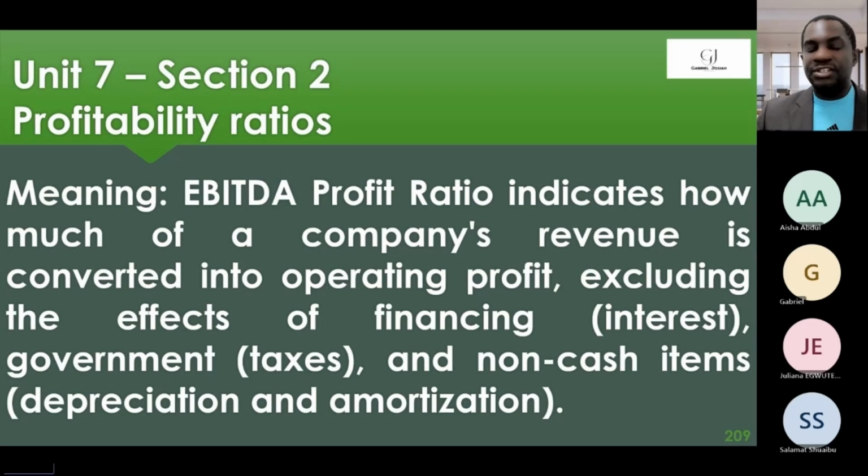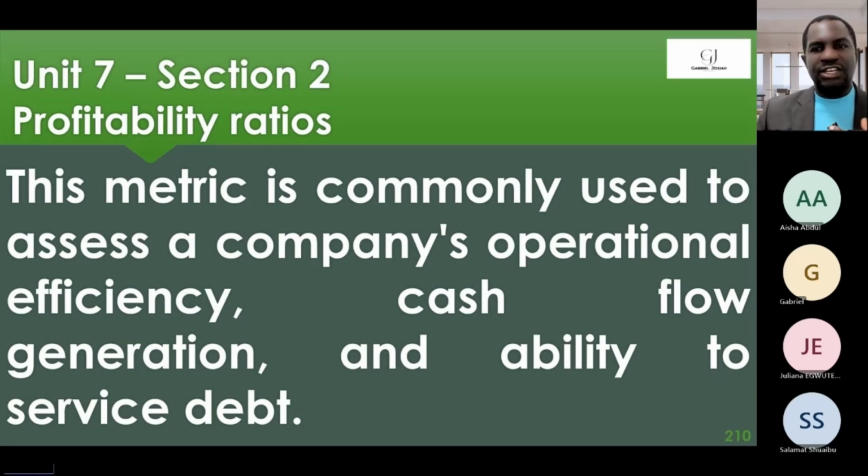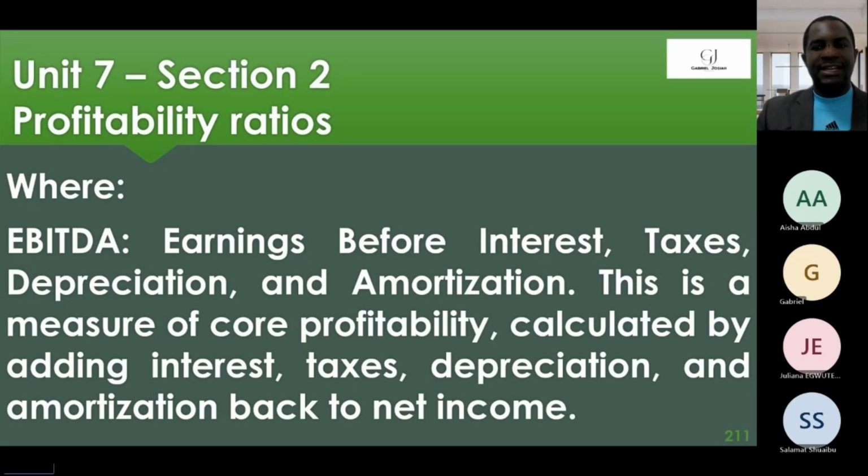Non-cash items, depreciation and amortization are non-cash items. They are just provisions. So this metric is commonly used to assess a company's operational efficiency, cash flow generation, and ability to service debts.